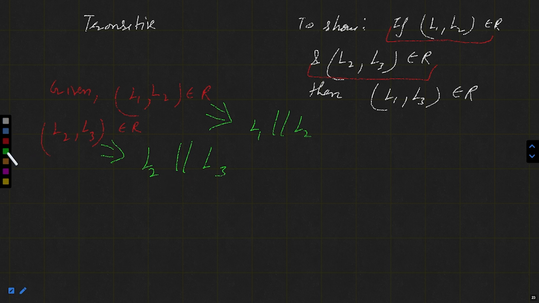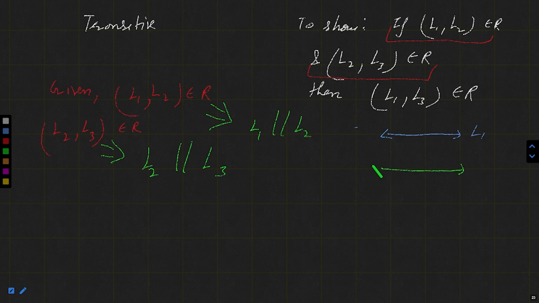Now let me draw. If this is my L1 line, say L1 line, and this is my what?